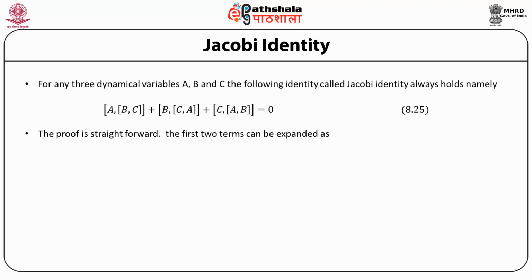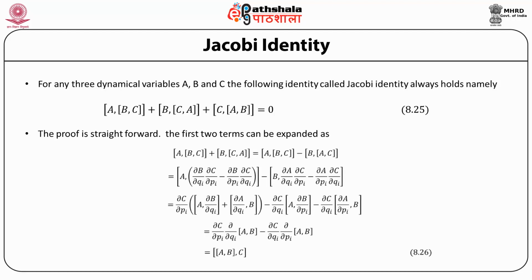So what one does is look at the first two terms. Then the first two terms can be expanded. That is, the Poisson bracket of A with the Poisson bracket of B and C plus the Poisson bracket of B with the Poisson bracket of C and A. First we write this as the Poisson bracket of A with the Poisson bracket of B and C minus the Poisson bracket of B with the Poisson bracket of A and C. Then we use the definition of the Poisson bracket and expand it.